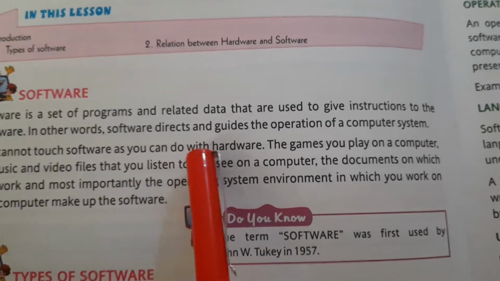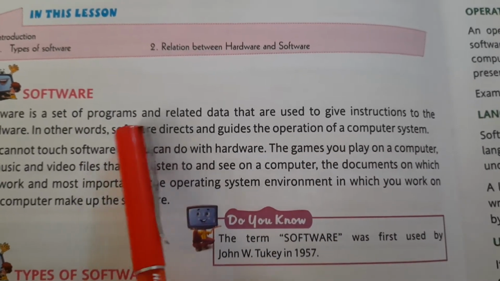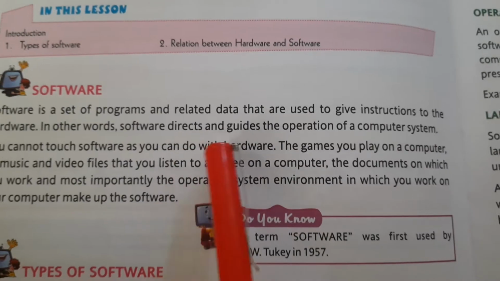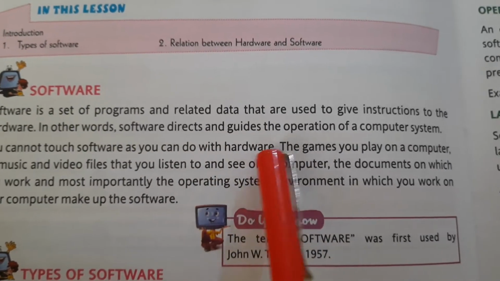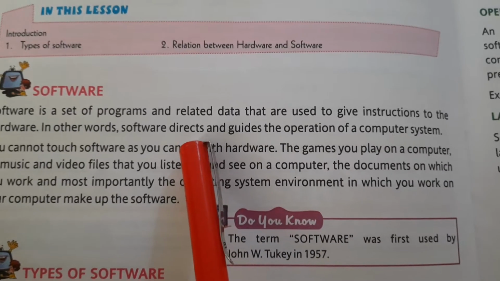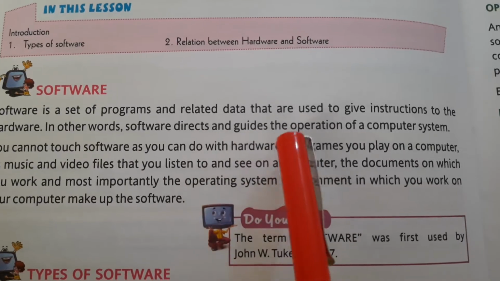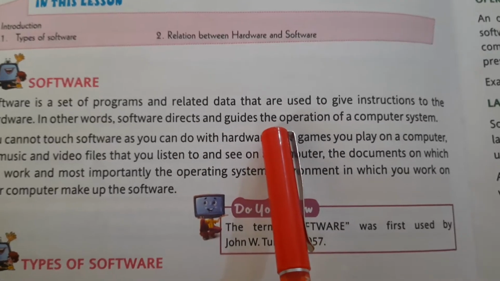In other words, software directs and guides the operation of a computer system. Means it directs, it gives the direction, and it guides the operation of a computer system. Means depending upon the application on which we are working, it gives direction to the computer and it guides also as to what is to be done.